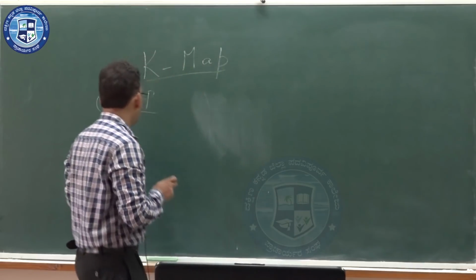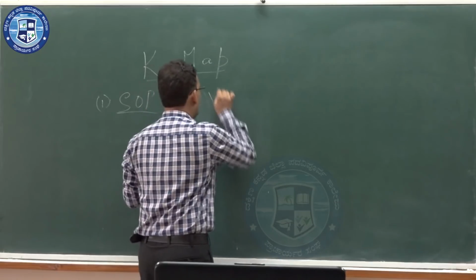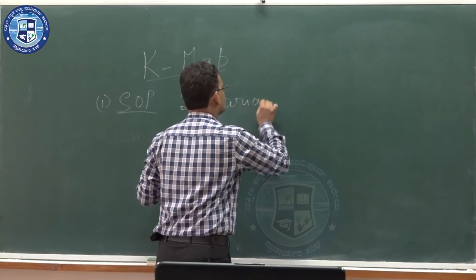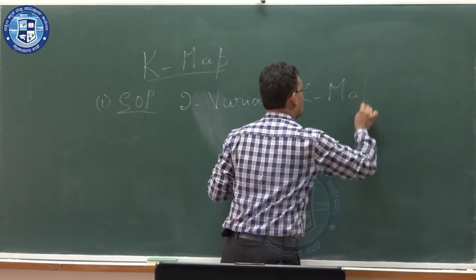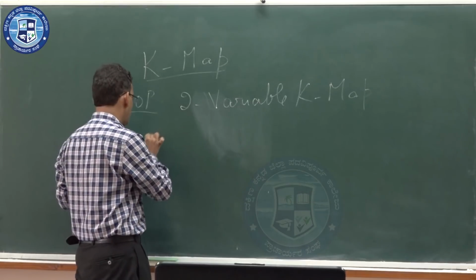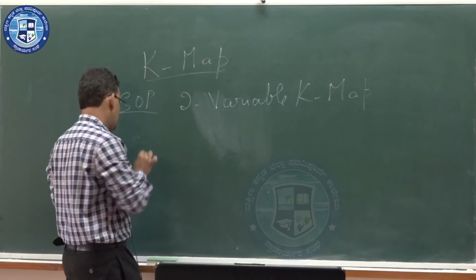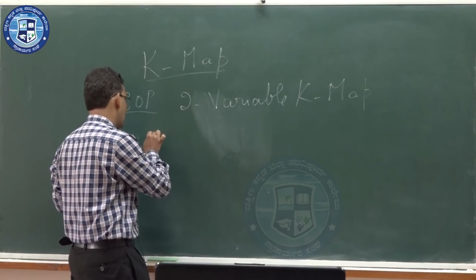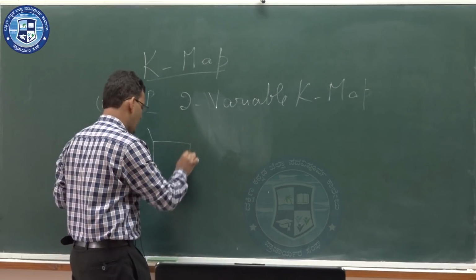For example, a 2 variable K-map. The general K-map for the variables x, y is represented the following way.